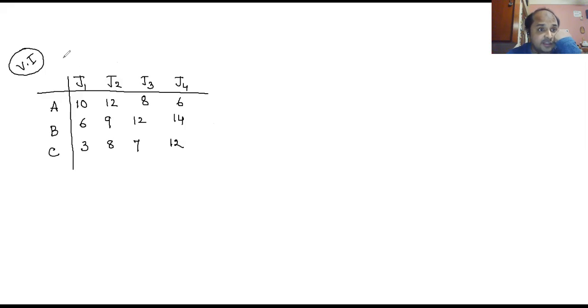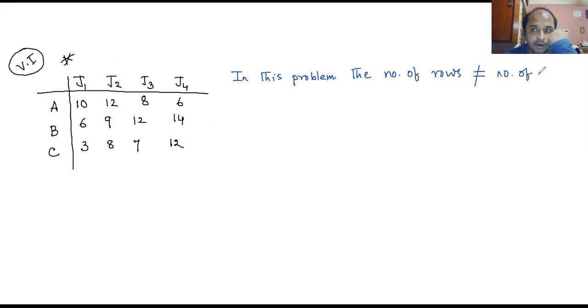Here you see this is a very special type of problem, because in this problem the number of rows is not equal to the number of columns. Okay, it's a special type of problem. So we call such a problem unbalanced.